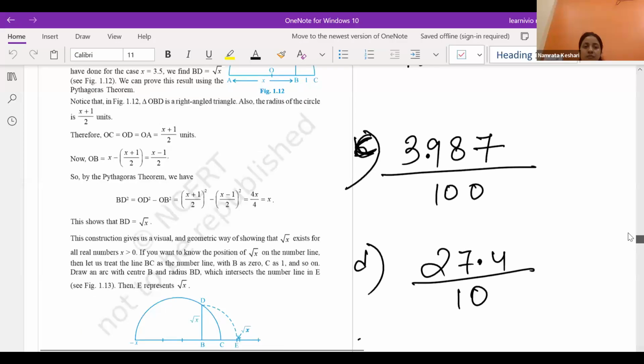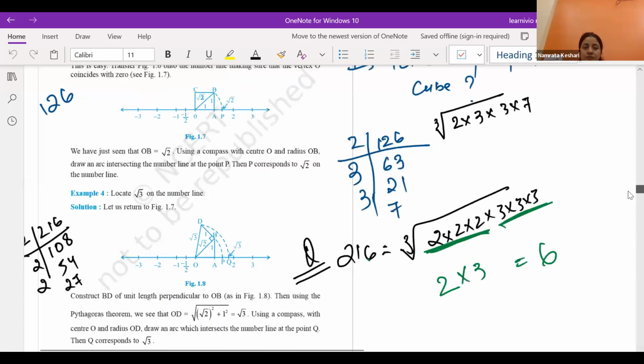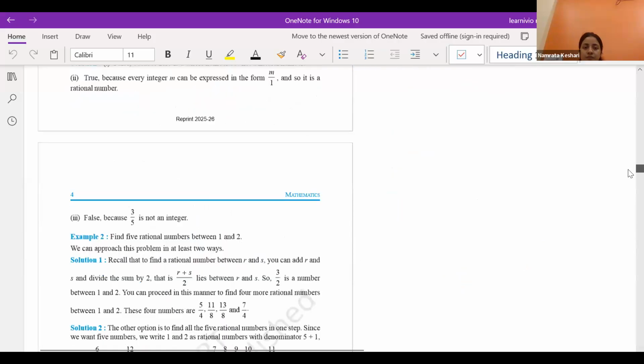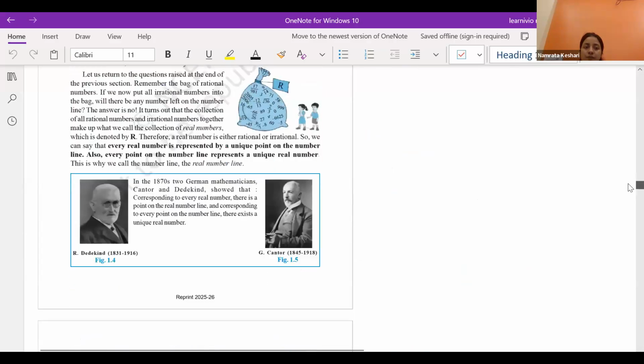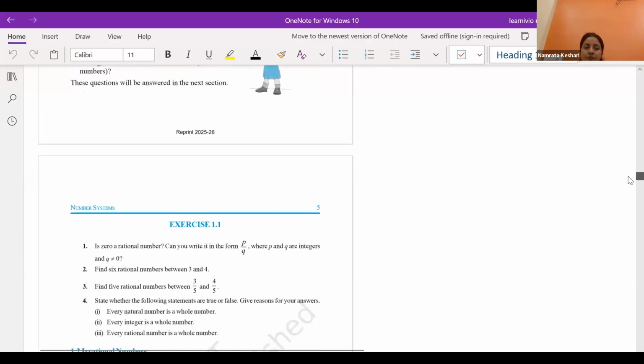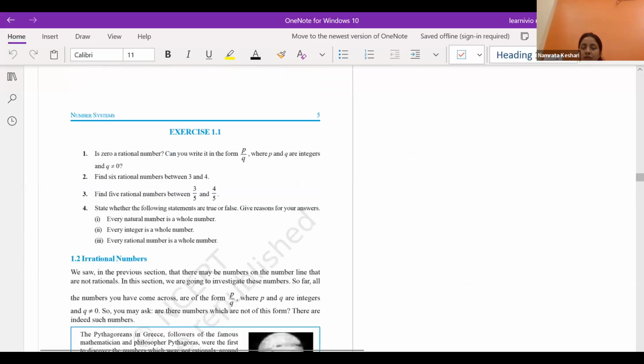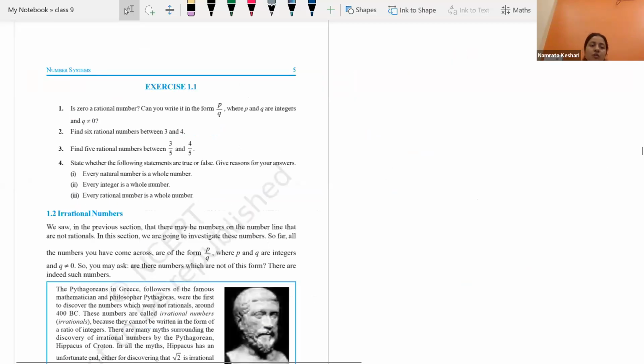I'm sharing the screen where we have questions from the book. Question number 4: Every natural number is a whole number.